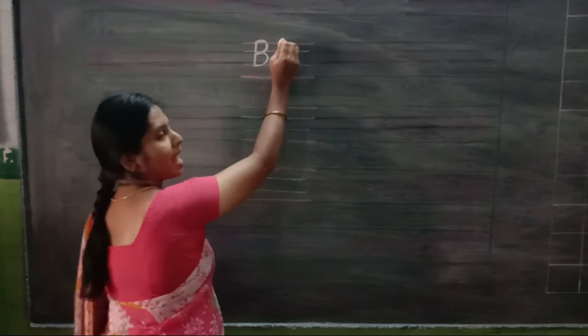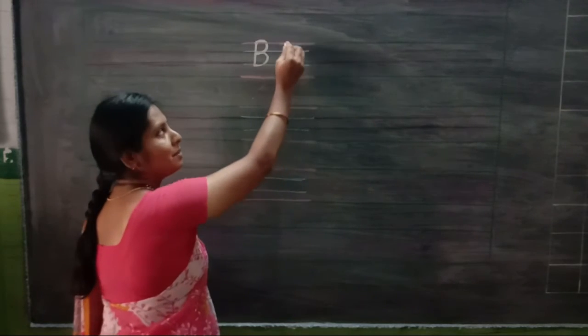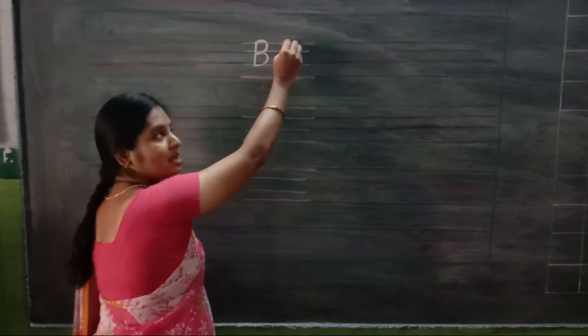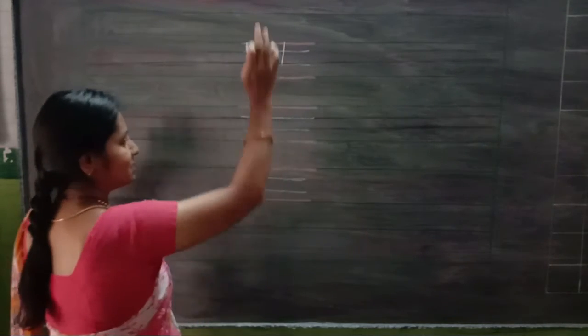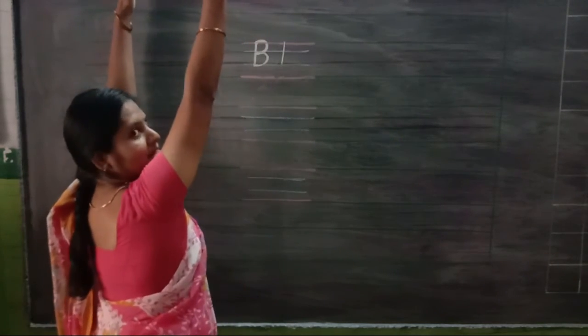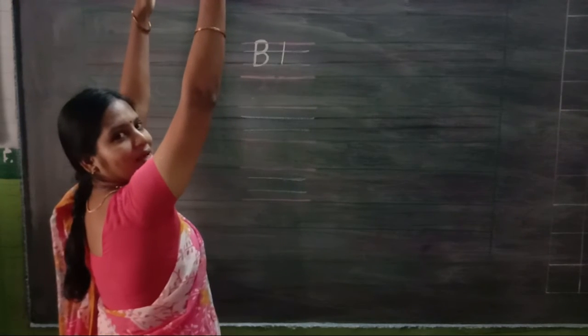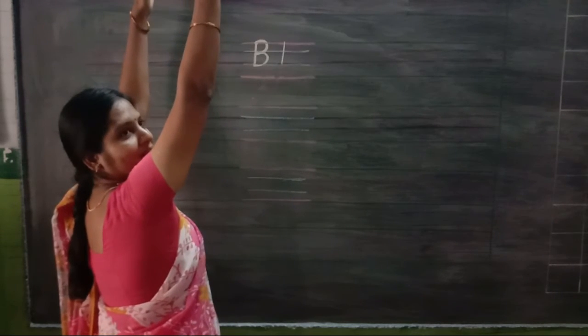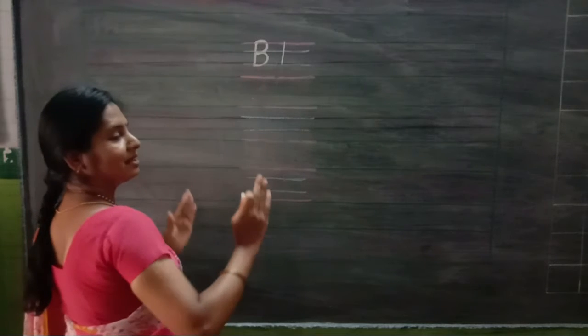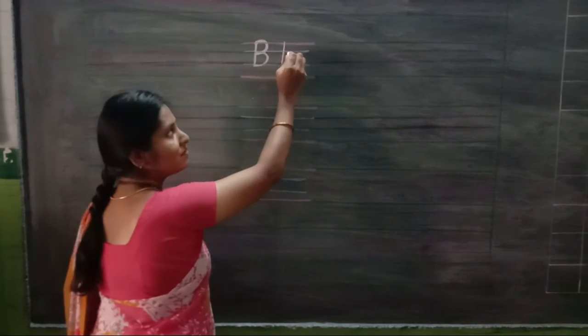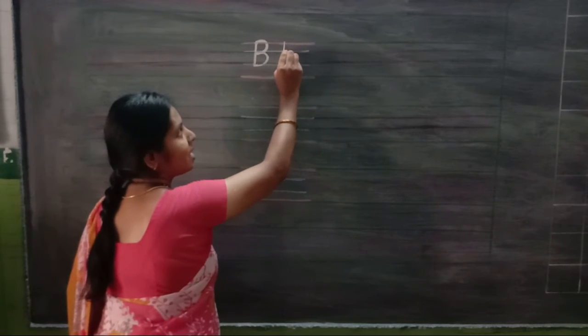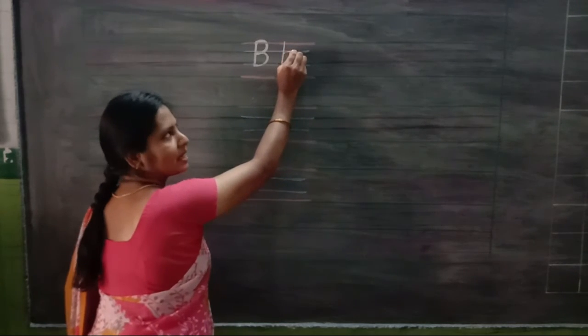Mama B and baby B. Baby B is also very easy to write. Put a standing line. This is your standing line, straight line. Raise your hands like this. What is this? Standing line. And I put a curve, not here, down, in the middle line.